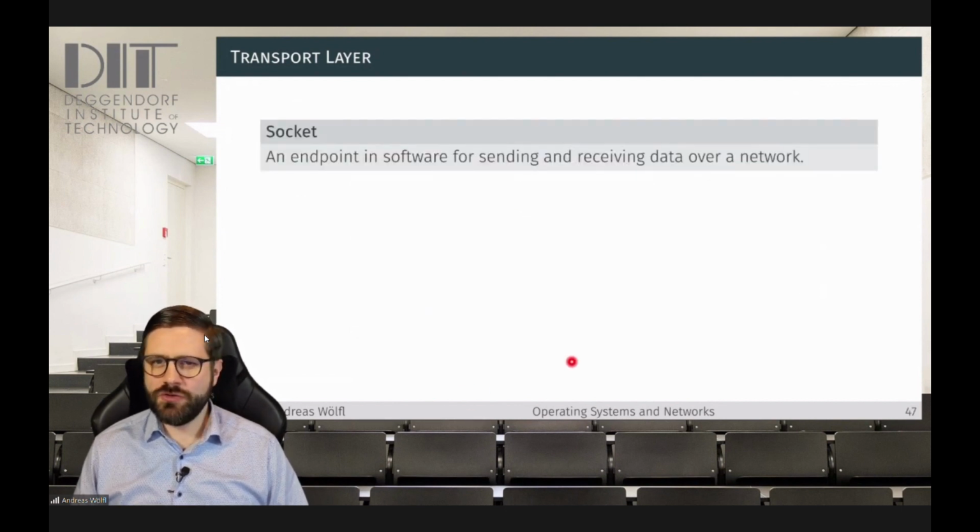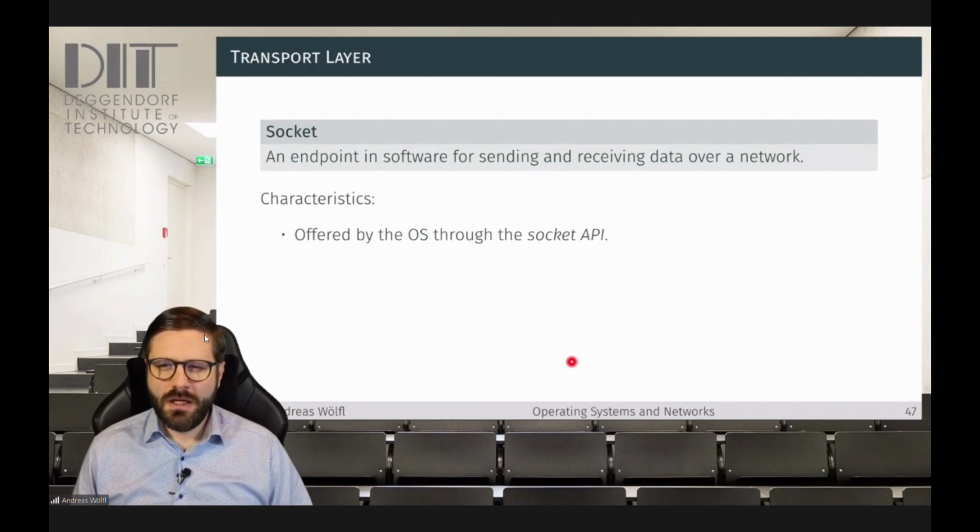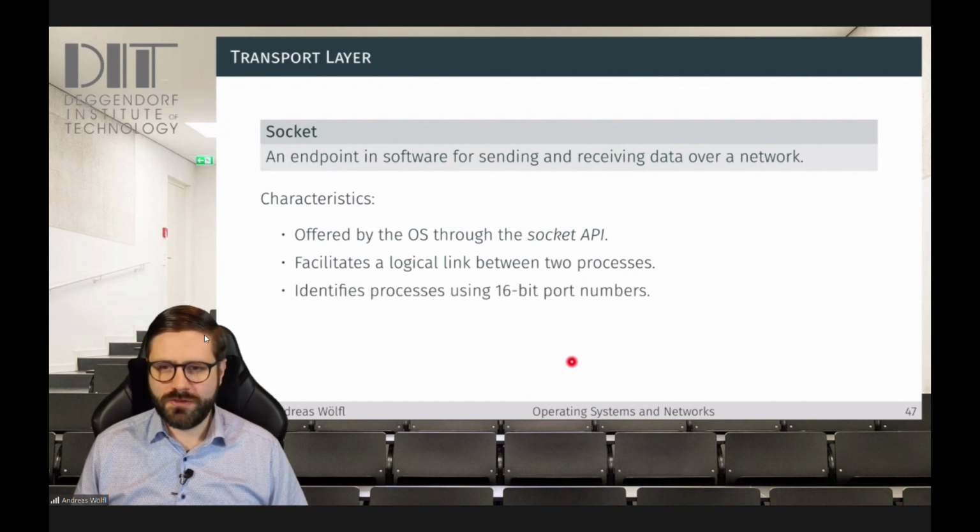So as a programmer, you use sockets, an endpoint in software for sending or receiving data. You can imagine this as a data funnel. The part of the operating system that provides you as a programmer this service is called the socket API. It's a logical link between these two processes. You identify these processes by the port numbers.